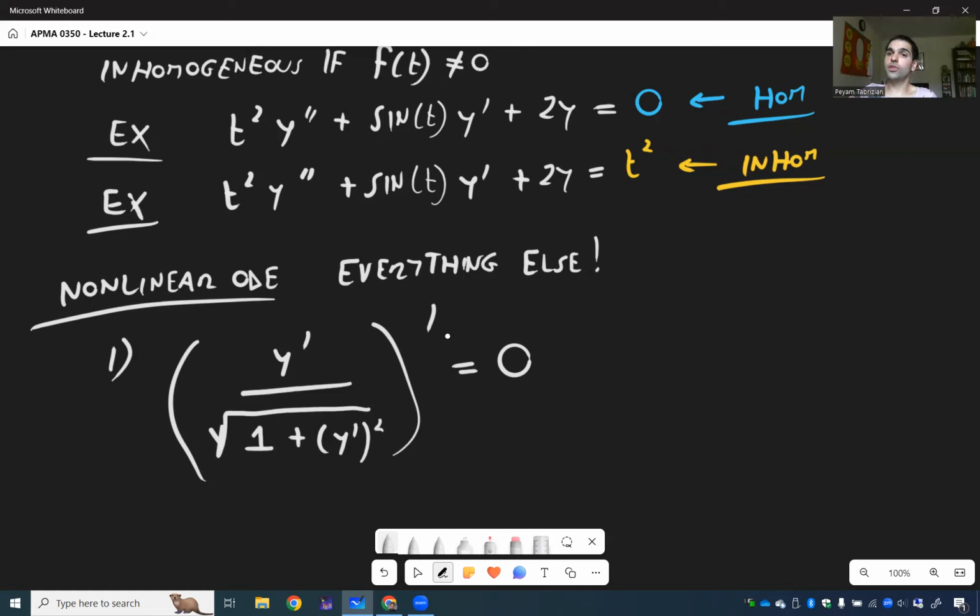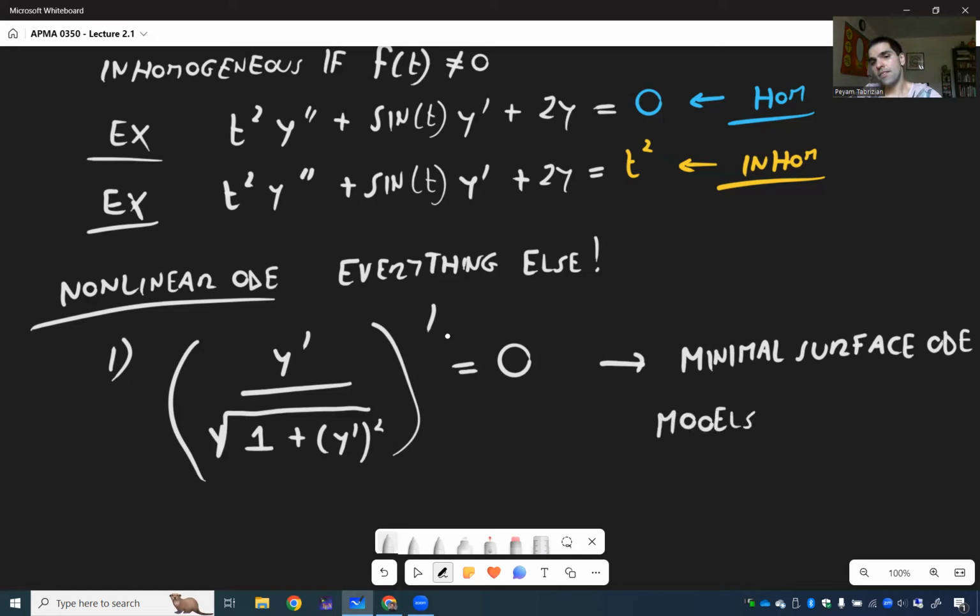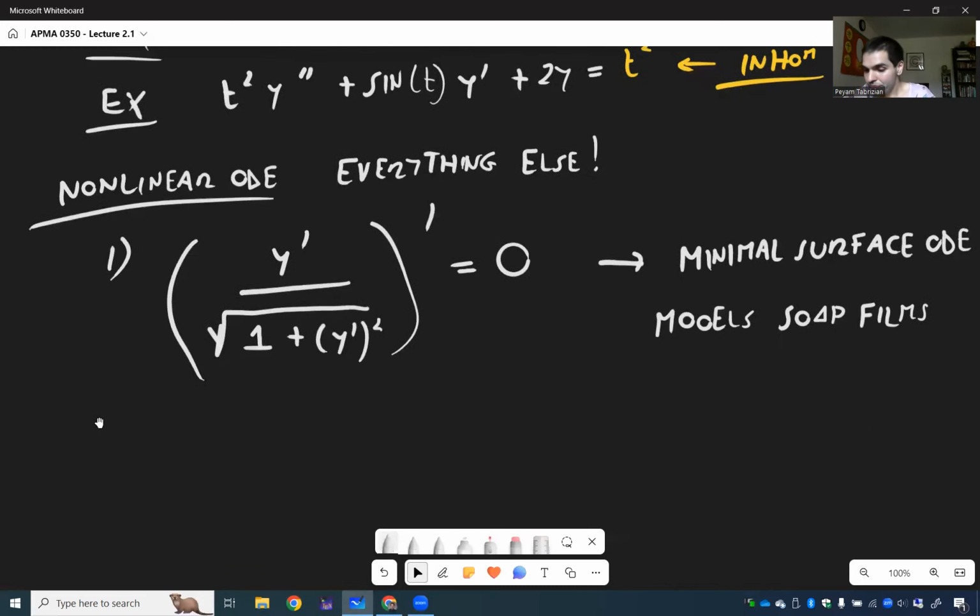Well, let me ask you, do you wash your hands? Because in fact, this is what's called the minimal surface equation. That's an ODE, and it models the behavior of soap films. So if you want to know how a soap film behaves, it behaves according to this differential equation.